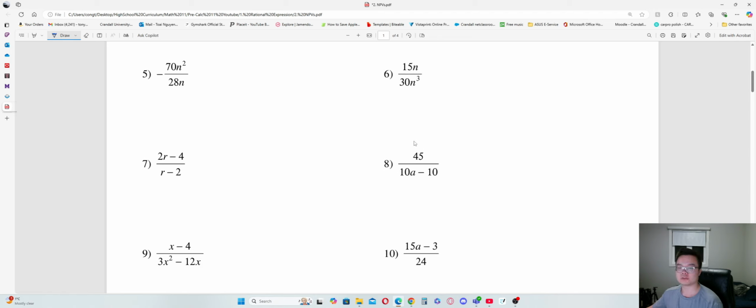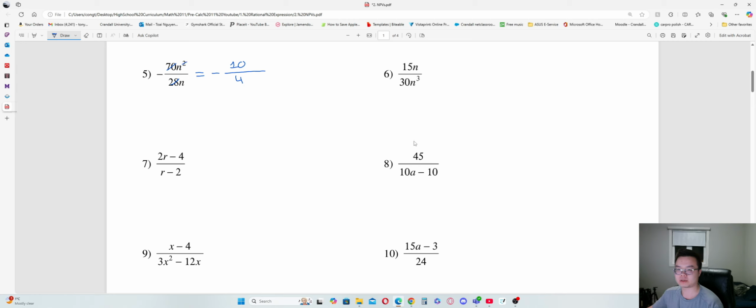Next, we're moving on to 70n squared over 28n. We need to find a number that can divide the numbers first. I can divide both by 7. The negative sign is still there. 70 divided by 7 gives me 10, and 28 divided by 7 gives me 4. But that is not all, I can go further, but let's do that a bit later.